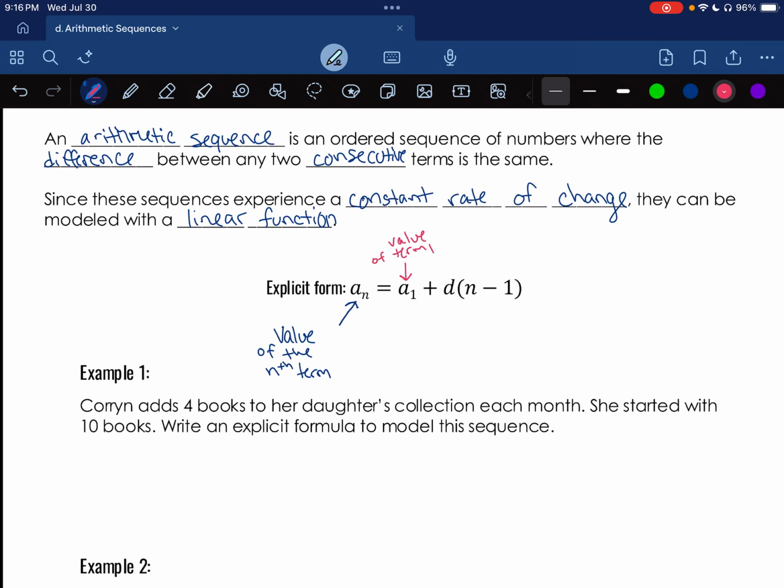This is whatever you're adding or subtracting by each time. And then n minus 1, n is the term number. So if I wanted to find the 394th spot in the sequence, I would just plug in 394 into this explicit form and it would pop out the value of that term, which is pretty cool. So this explicit form can sometimes be called the nth term form as well.